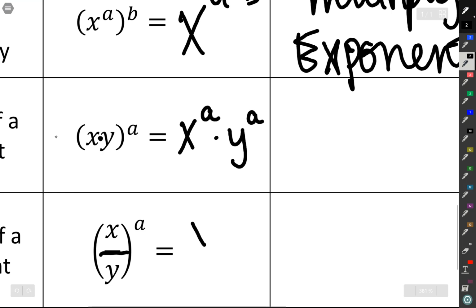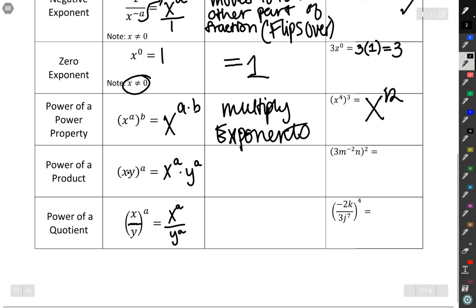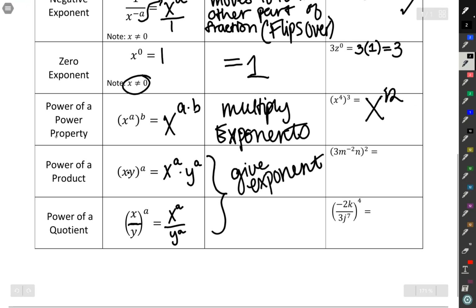So this would be x to the a divided by y to the a. You need those parentheses though, okay? So these are kind of the same thing. Give exponent to everything in parentheses.